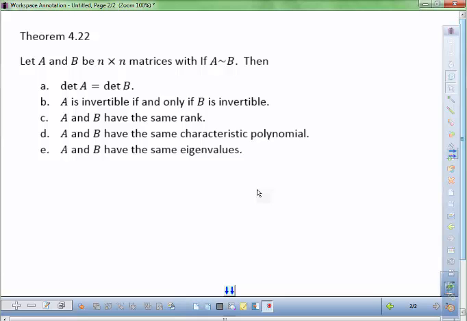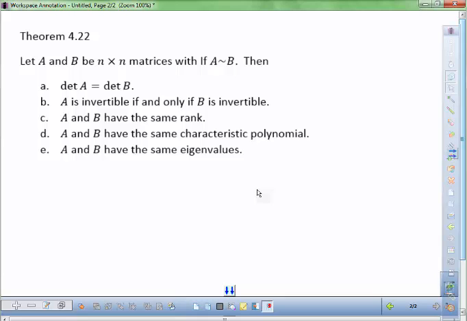So this set of properties is going to be a little bit more challenging to prove. Maybe we'll just prove the first one and see what happens after that. But in any case, we have A and B being similar. It turns out that a lot of important properties follow. So if A and B are similar, then the determinants are equal. That's a pretty big deal.